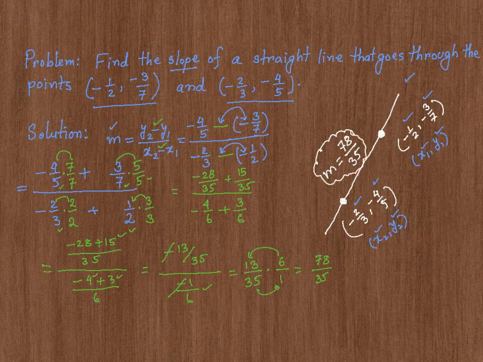Slope is positive, meaning as you go from left to right on the graph, the line goes up, as you can see right here. And also this slope says that if you go in the positive direction 35 units, that means if you go along the x-axis 35 units to the right, vertically you're going to move 78 units.